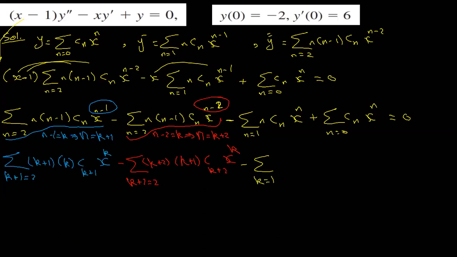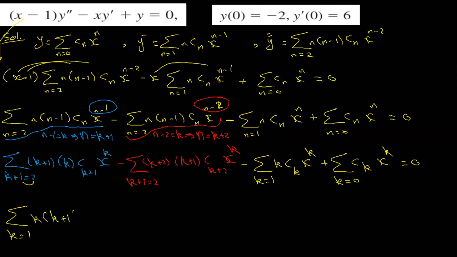So the summation k equal 1 of k ck x to the k, plus the summation k equal 0 of ck x to the k equal 0. Now let me move the number 1 here. So summation k equal 1 of k plus 1 ck plus 1 x to the k, minus, it is 2 here, this one is 2.